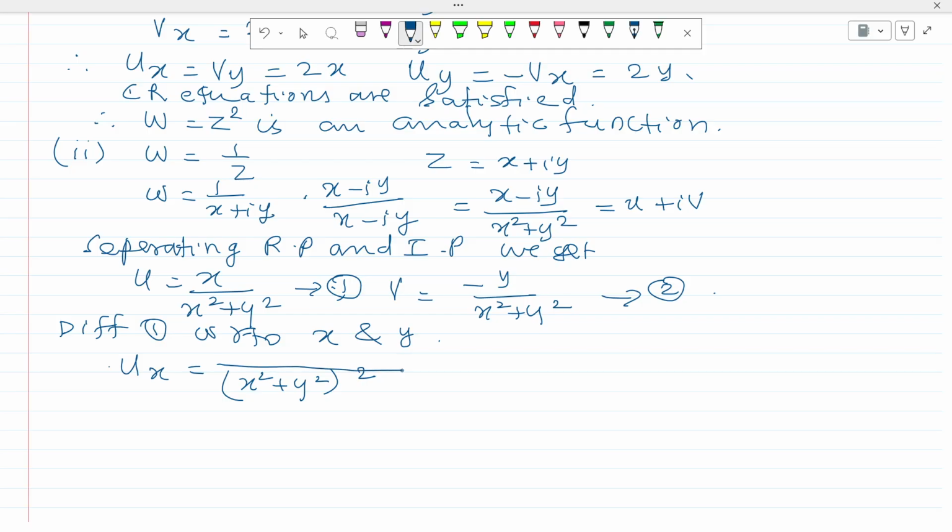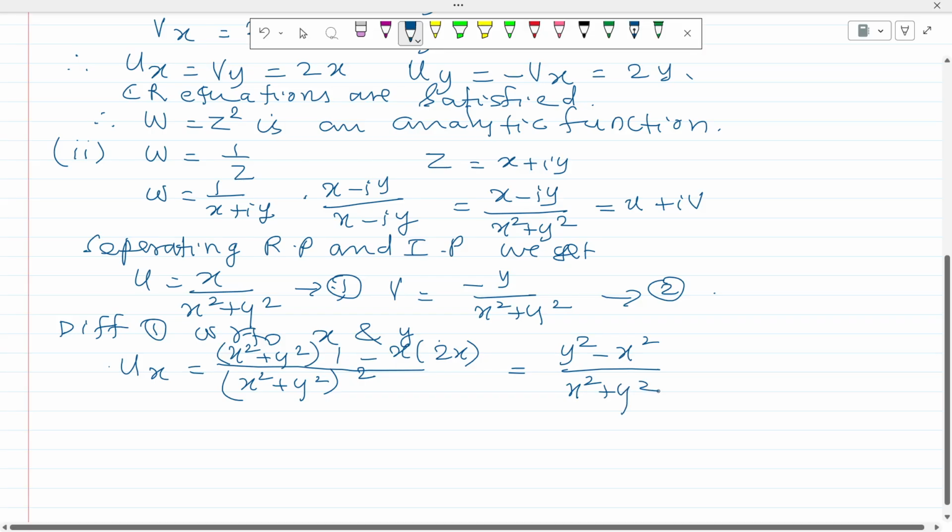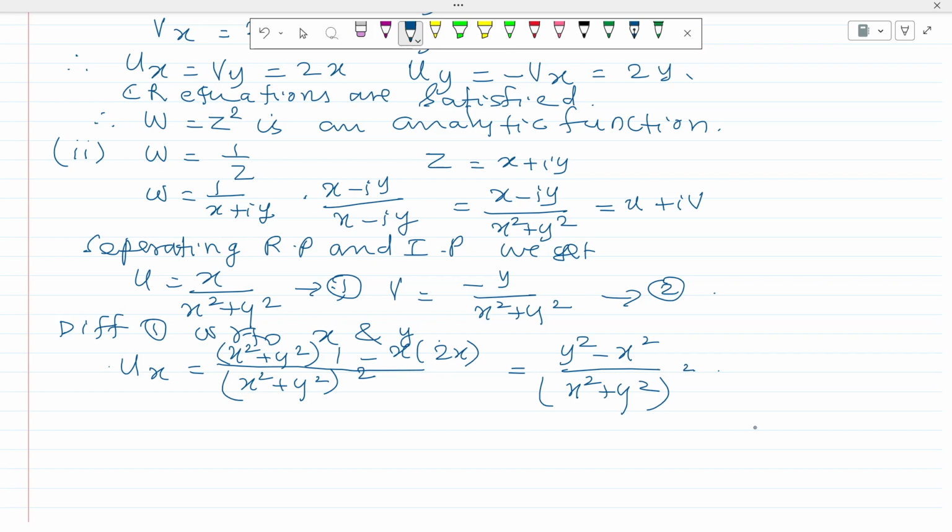What is the numerator? Keep x square plus y square, and then differentiation of x is 1, minus keep x, differentiation of x square plus y square is 2x. Then what do you get? y square minus x square divided by x square plus y square whole square. It is ux. Similarly, what is uy?